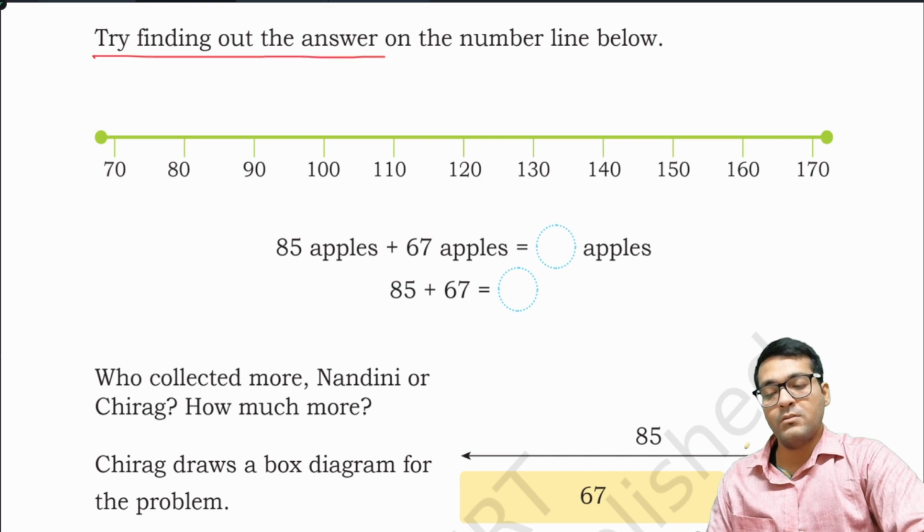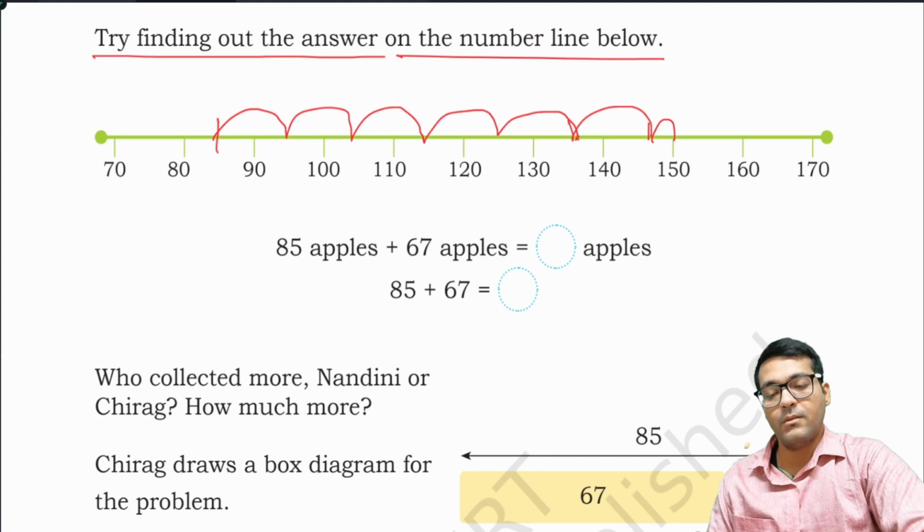Try finding out the answer on the number line below. Nandini is having 85 and Chirag 67. Then you have to move 67 in forward direction. 10, 20, 30, 40, 50 and 60. Then 5 and 2.